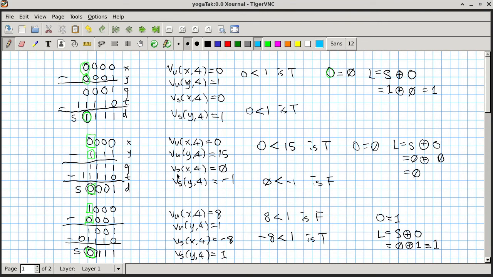When you look at a signed interpretation of Y using only the least significant 4 bits, it is representing negative 1. Why is that? It is because we have 1 plus 2 plus 4 minus 8. So 1 plus 2 plus 4 is 7. 7 minus 8, because of this particular bit here, is negative 1.